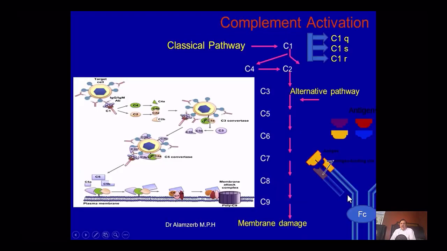This is an antibody, which has a long arm and a short arm, the variable portion and the non-variable portion. The attachment part for complement is present on the constant portion of the antibody, on the long arm, and this is called the Fc portion. And this is the complement activation pathway.